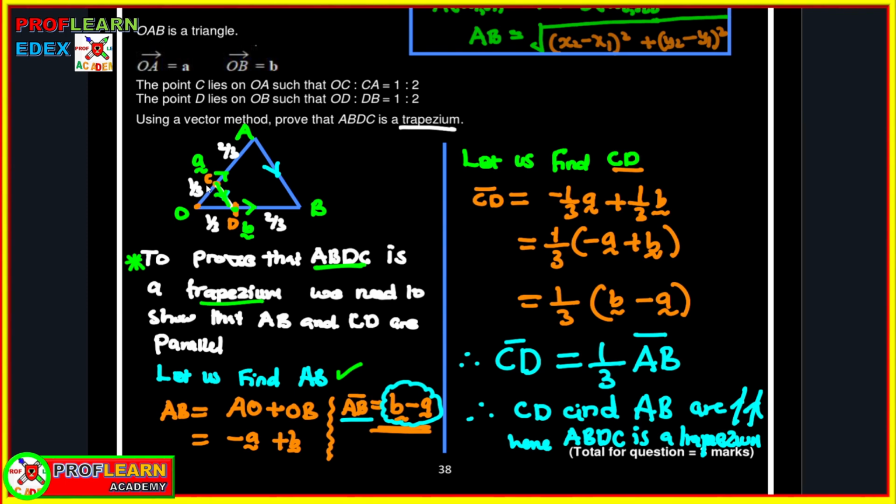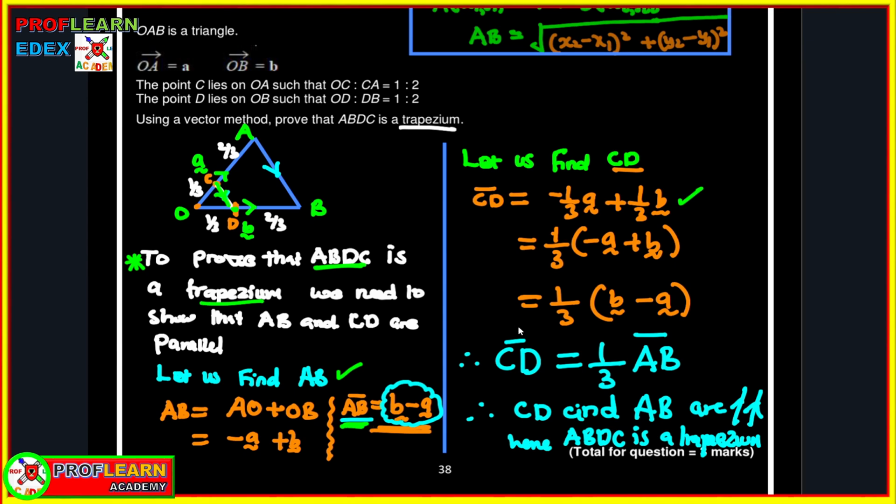And also we need to find CD. We need to move from C to O, then from O to D. From C to O is a third of OA, with a negative sign because we are going against the original arrow, and that translates to this. And then if I factor the third out, I remain with B minus A inside the bracket. But what is B minus A? B minus A is AB.